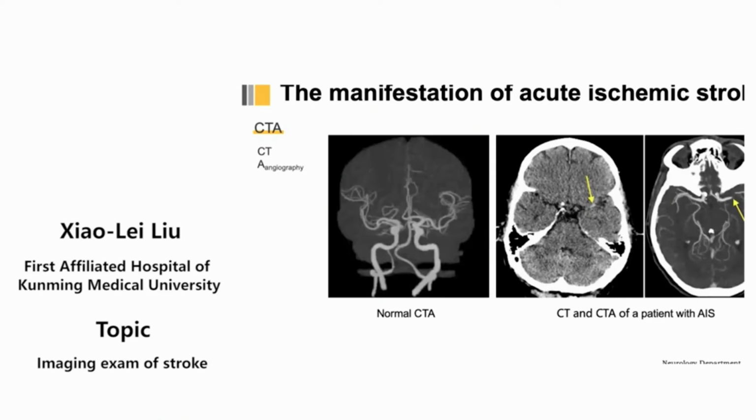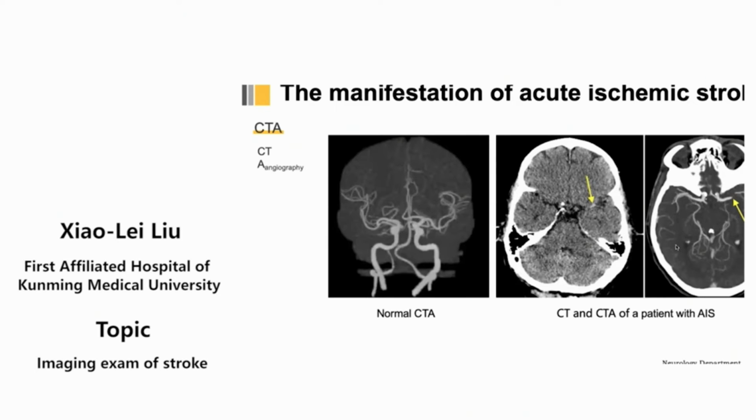And we can also conduct CT angiography for this patient. On the normal CTA on the left side, the Circle of Willis is very clear, and all the arteries are intact and smooth.